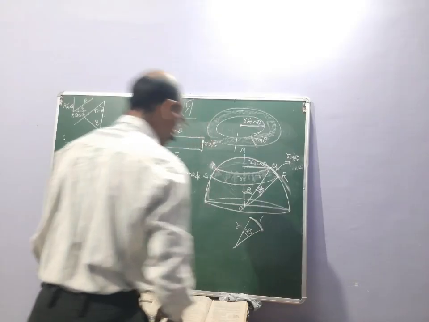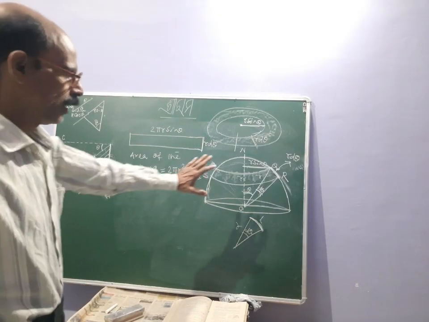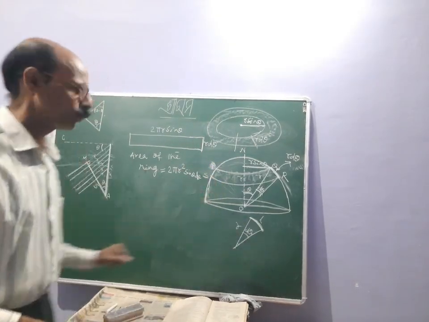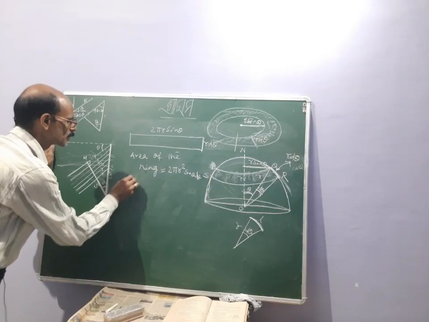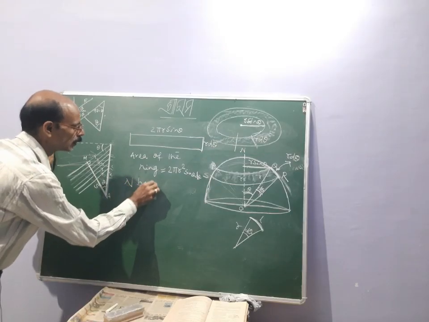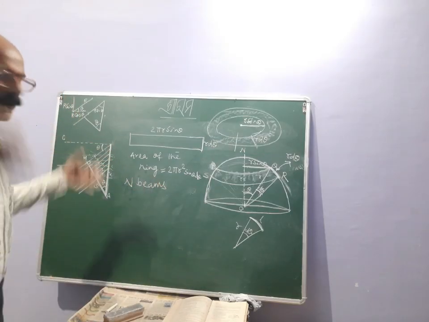Now suppose n beams. A beam consists of many rays.